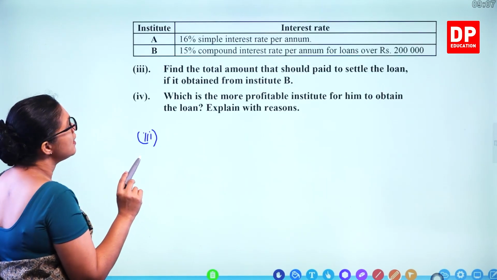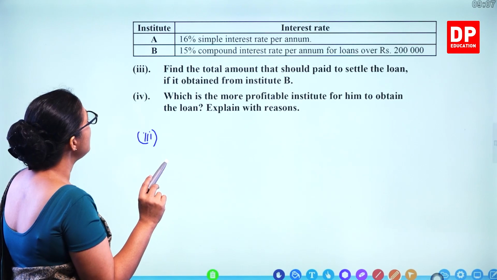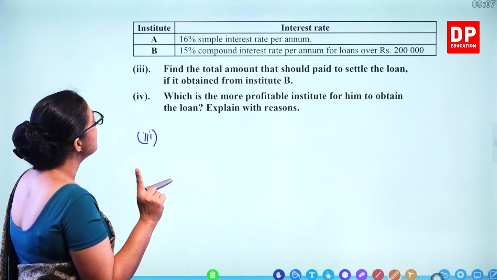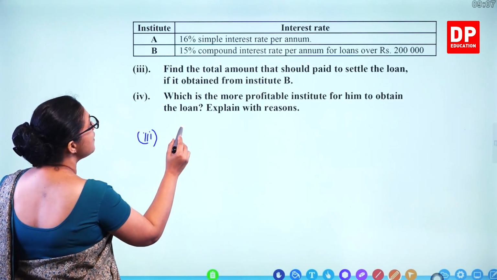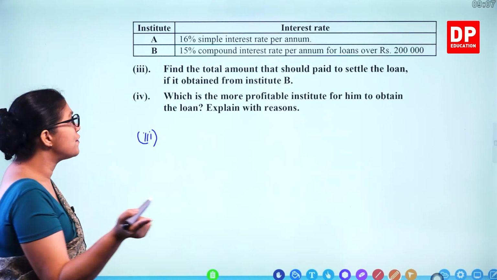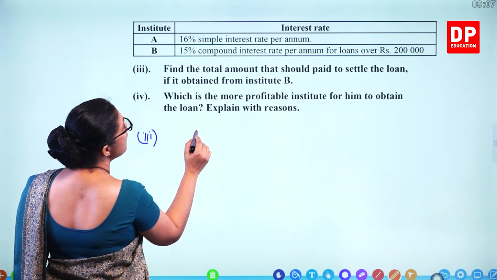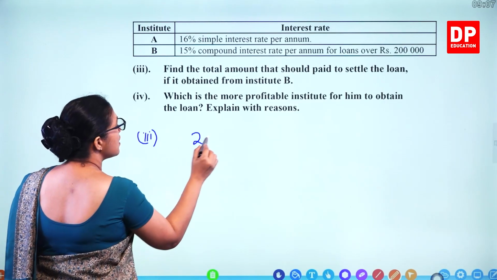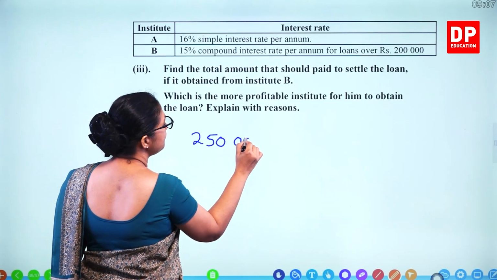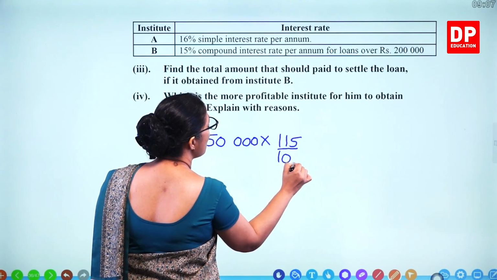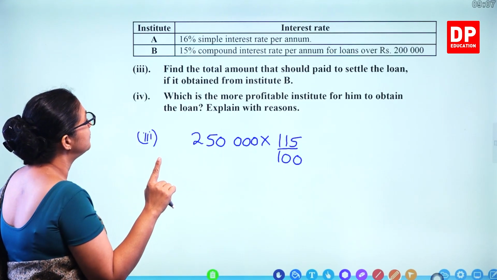Per annum, we'll calculate for one year. That means if you borrow 100, you have to pay 115. So multiply by 115 over 100. 250,000 is the loan, into 115 over 100. This is for 1 year.